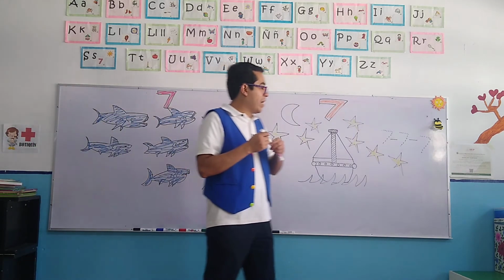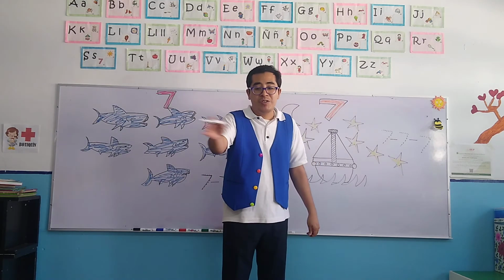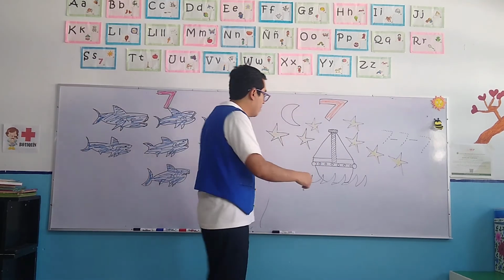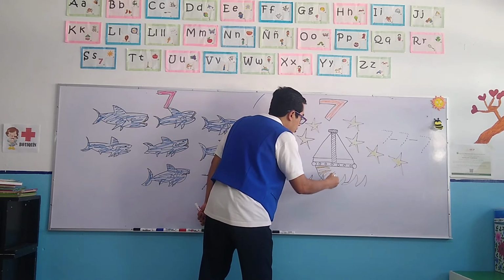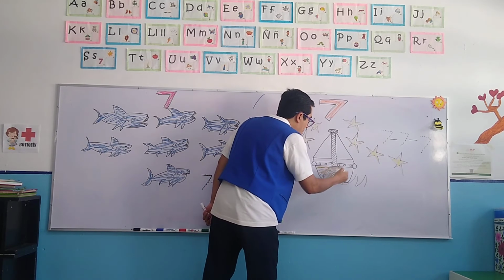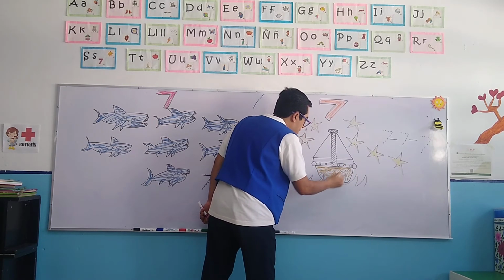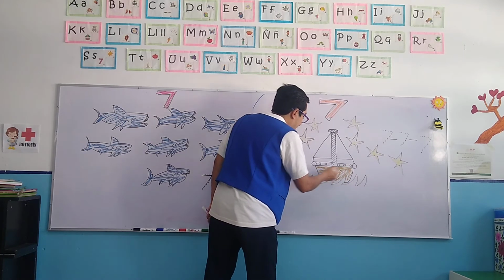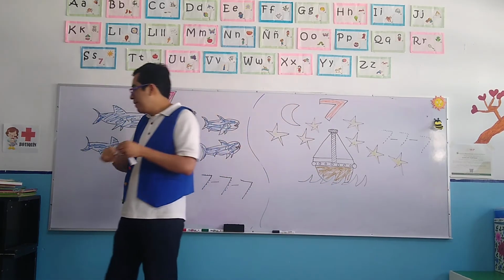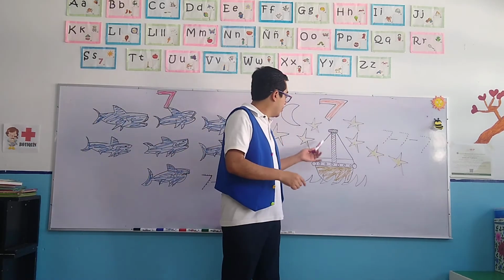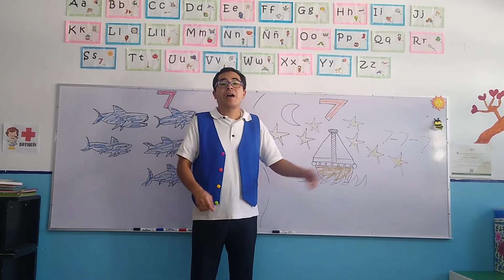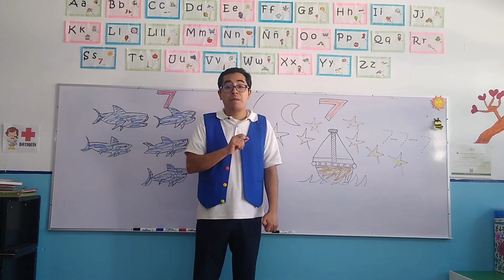For color brown, I'm going to paint the lowest part, the bottom part of the ship, la parte más baja. The lowest part of the ship with color brown. And the sails, which are this part of the ship, I'm going to paint them with color purple.